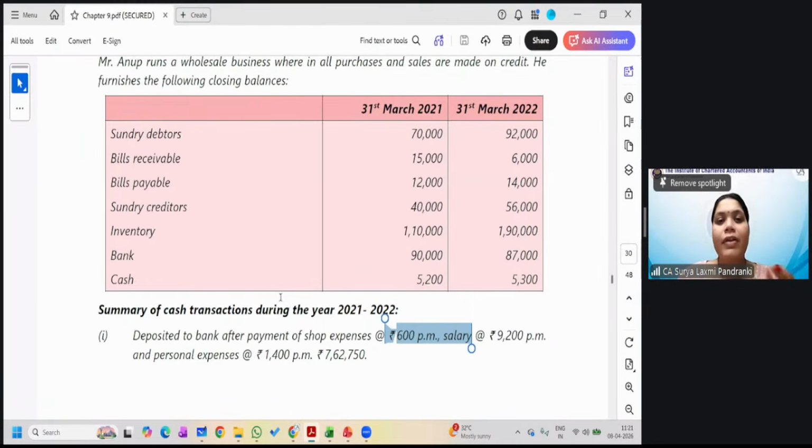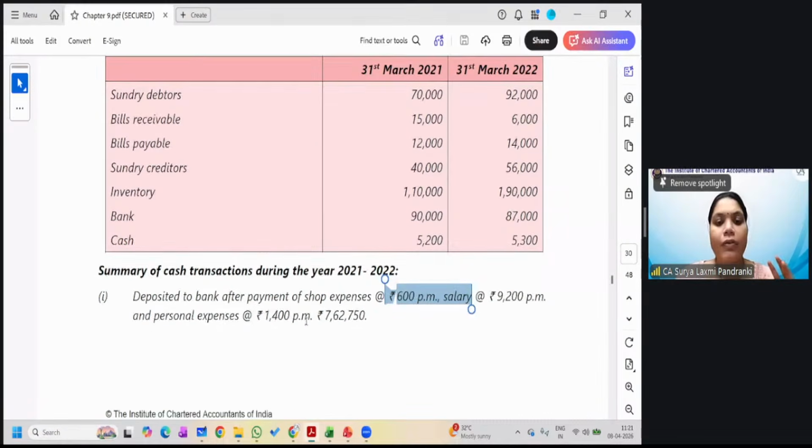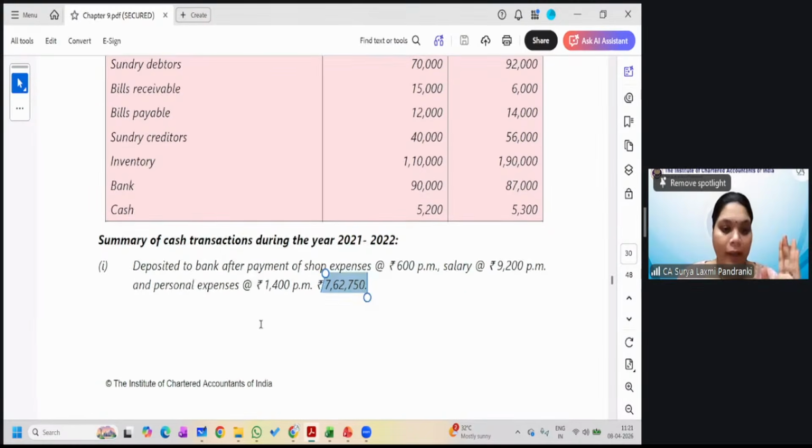Why? Because when it is a sole proprietor, you will not have any difference between the owner and the business. So mostly his personal expenditures are also made through this account only. Later we show it under drawings in our capital account. That differentiation we will show, right? So now we have drawings, some shop expenses, salaries, and also a contra entry wherein it is deposited to bank. Okay, done.